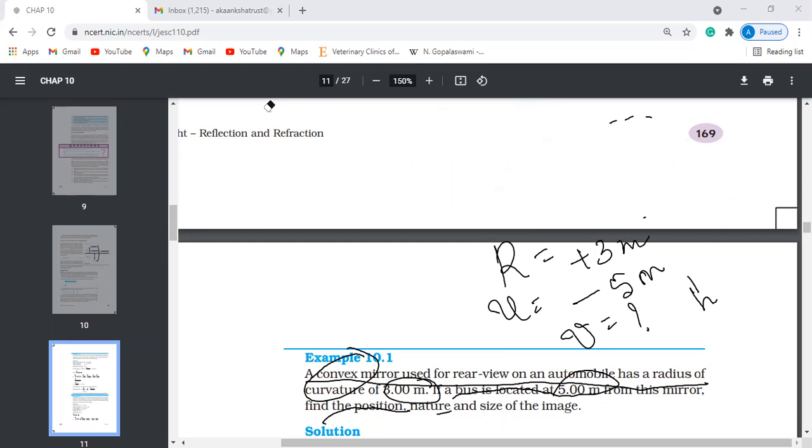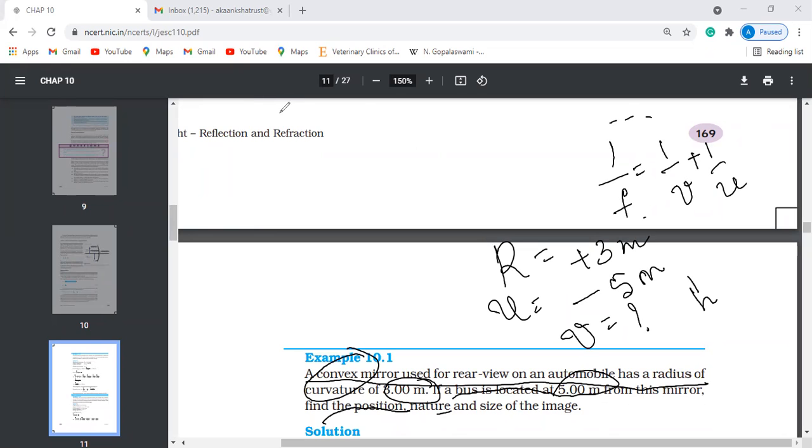See, first thing, what is the formula? 1 by f is equal to 1 by v plus 1 by u. This is the formula, correct? Now remember here, they have given r, but they have not given f.